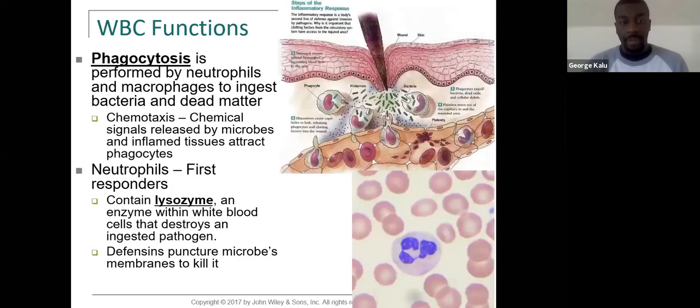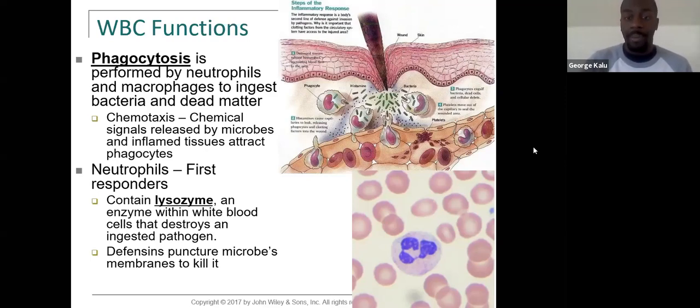One of the processes used to help destroy various types of pathogens is called phagocytosis. That's where a white blood cell is able to engulf and destroy some type of pathogen or bacteria or debris or whatever it may be. The way these white blood cells find that particular pathogen is through a process called chemotaxis.